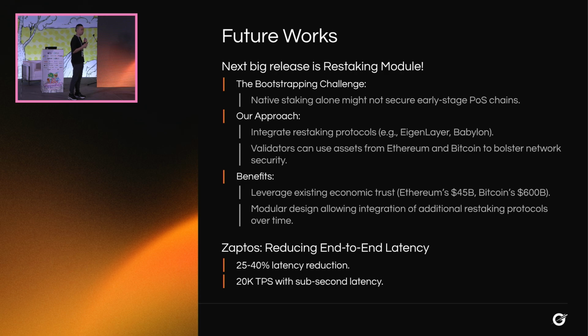So by introducing restaking, we allow other validators or economic security to be brought onto Gravity chain. We are integrating restaking protocols like EigenLayer and Babylon, which allow us to tap into Ethereum and Bitcoin's security level. And in the next release, we'll also introduce Aptos' recent optimization, where they shadow all the executions of each other using optimistic tricks.